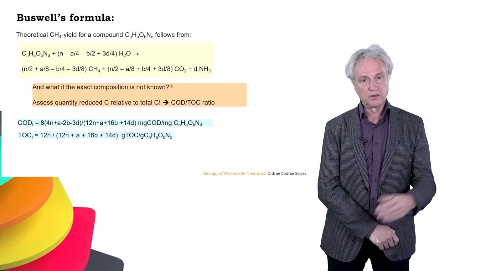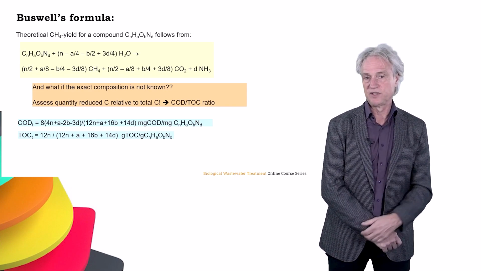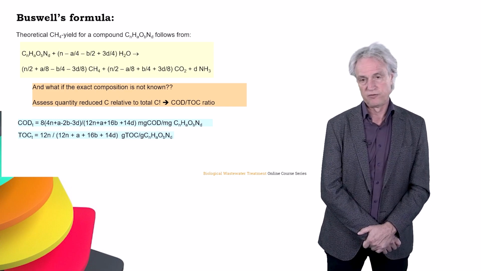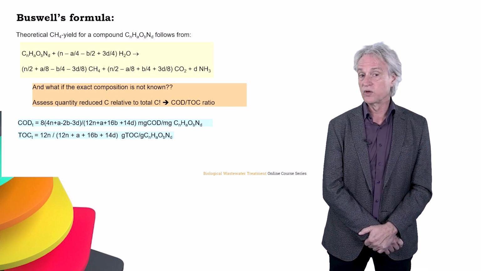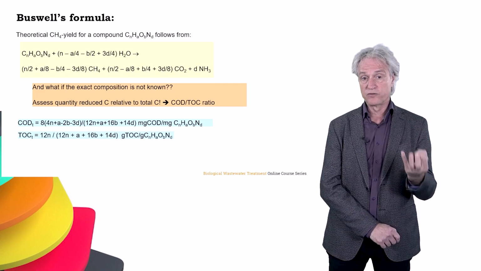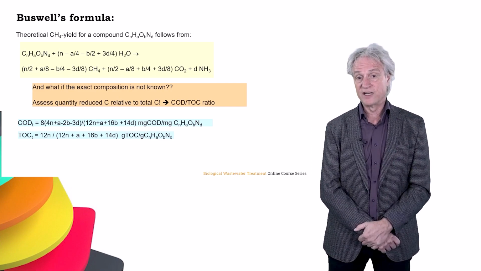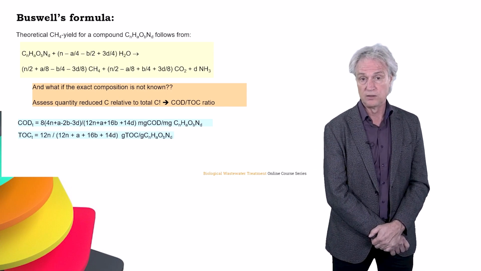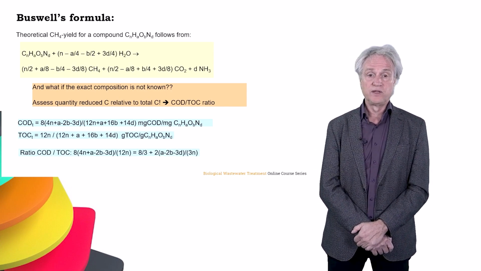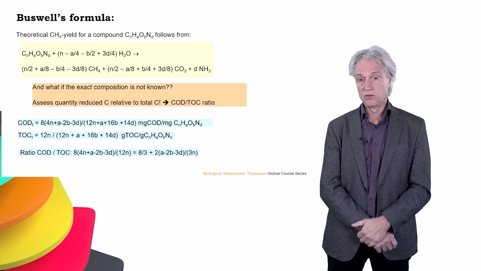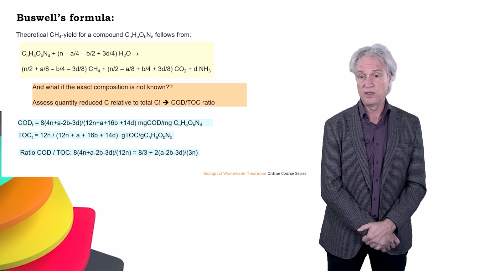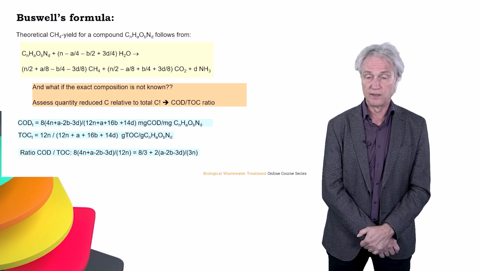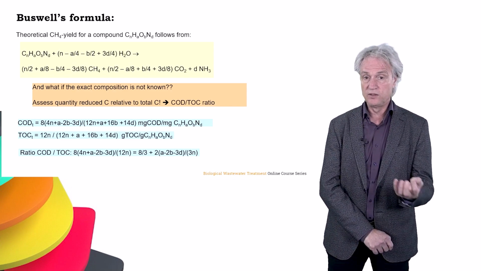Now the theoretical COD can be calculated with the equation that we just formulated, and the total organic carbon is in fact the amount of carbon, 12n, divided by the weight of the compound, 12n + a + 16b + 14d. Now this ratio can then be calculated as (a/3 + 2a - 2b - 3d) divided by 3n. So this is the COD/TOC ratio.